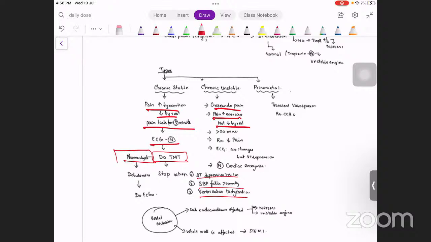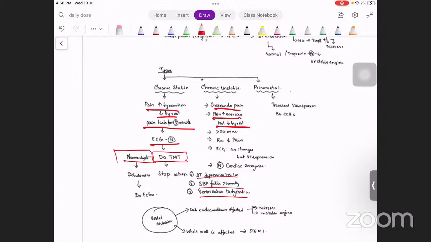ECG shows no changes, troponin is negative, and all cardiac markers are normal, but the pain is there. Then our management is mostly pain management. And for Prinzmetal angina, which is due to transient vasospasm, the treatment of choice is a calcium channel blocker.